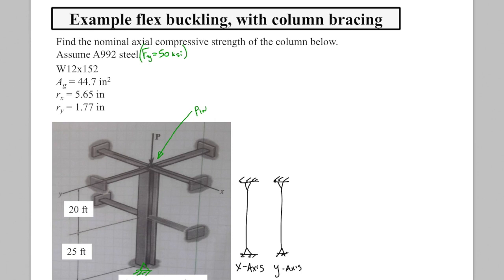This is not exactly what we would see in a building. We don't use flat plates like this. These would be other floor beam members or something like that that would frame into the column. And that's what I was talking about in class.